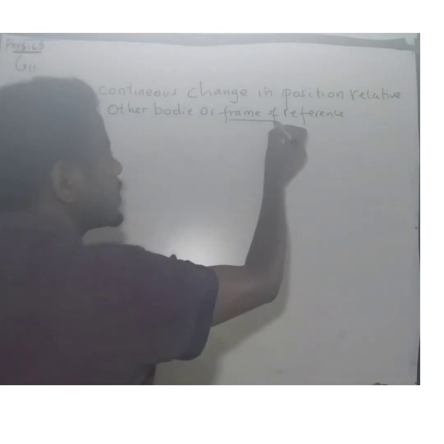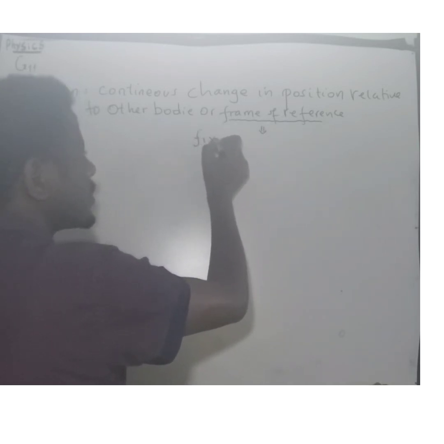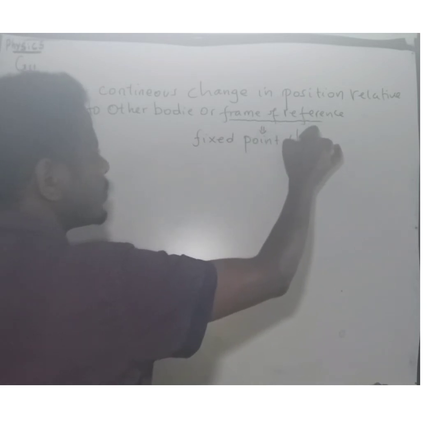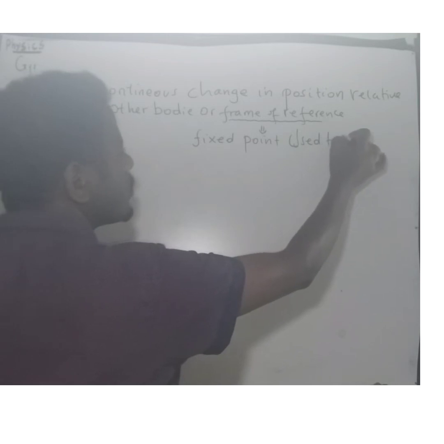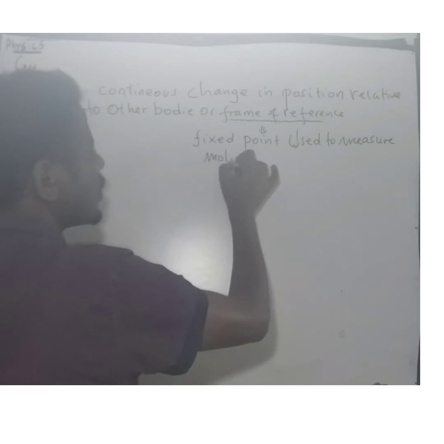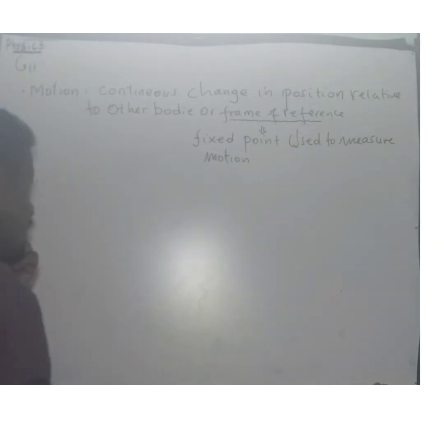In order to say there is a motion, there must be a frame of reference. Therefore, a frame of reference is a fixed point used to measure a motion. Examples of a frame of reference can be a tree, building, sun, planets, and so on.